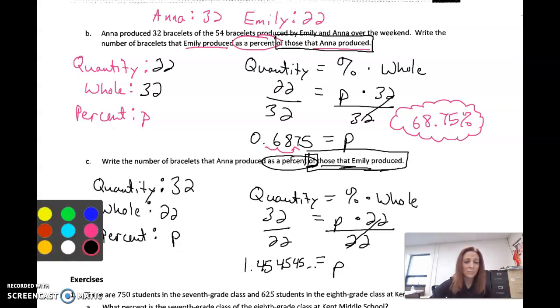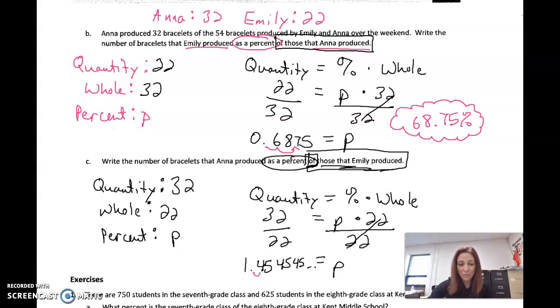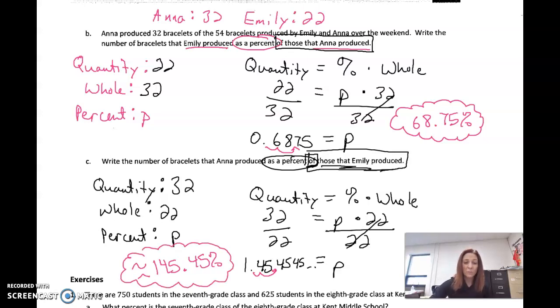Okay? So I'm going to move it 2 places to the right, and I'm going to get 145.45%. Okay, maybe say approximately, because it's going to be repeating. Okay, so Anna made over 145% of what Emily did.